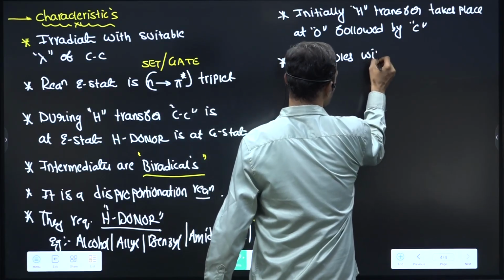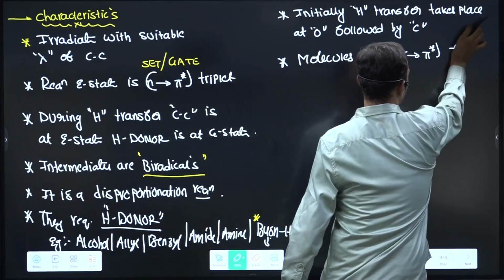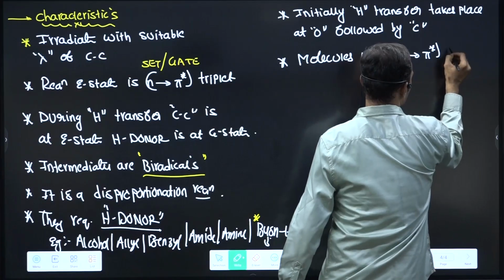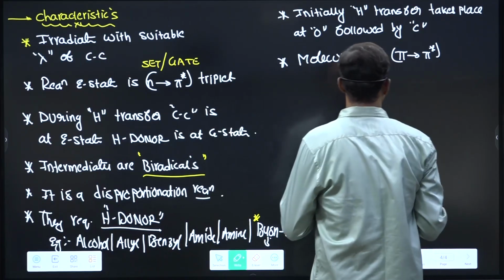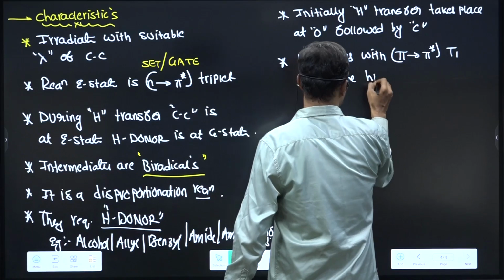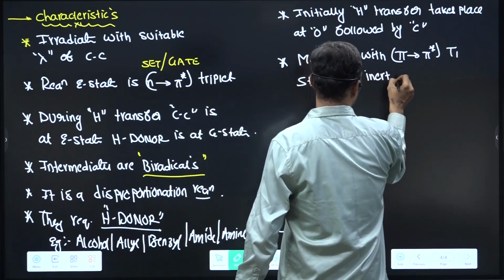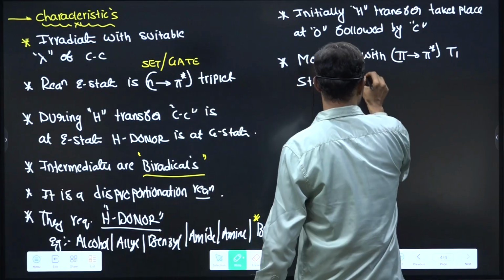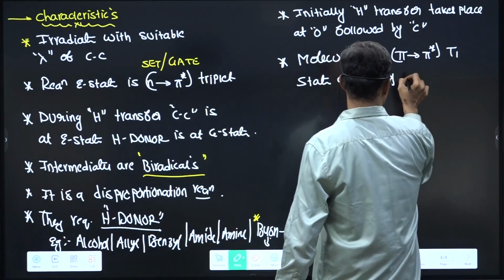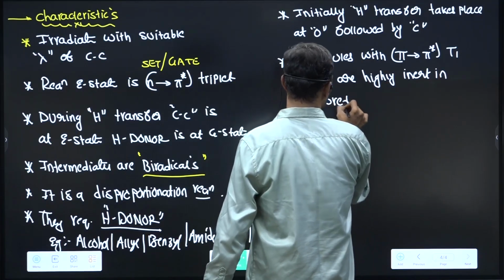See, molecules with pi to pi star T1 state are highly inert in photoreduction.